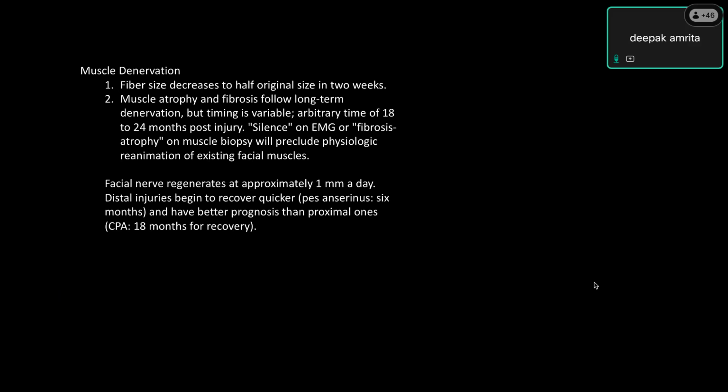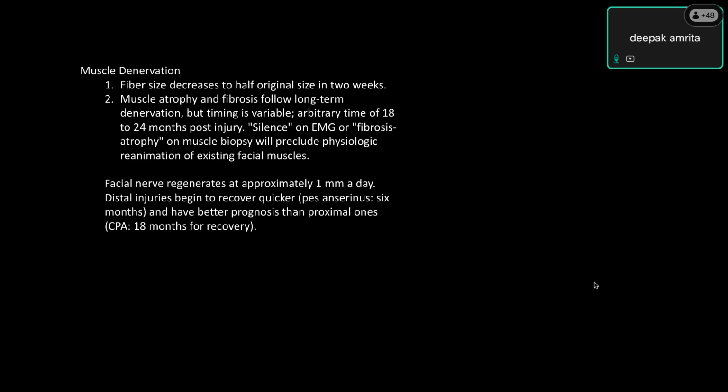So if you look at muscle denervation, I told you one of the important factors is the status of the end plate of the muscle. Once the nerve is damaged, the fiber size of the nerve and the muscle decrease to half size in 2 weeks. And if there is long-term denervation, that is 18 to 24 months post-injury, this is where electrodiagnostic testing has some role.